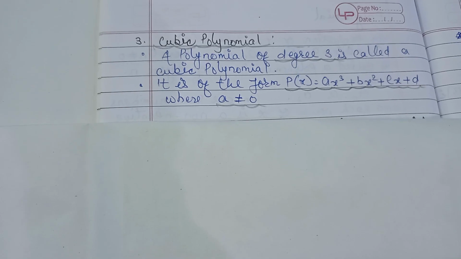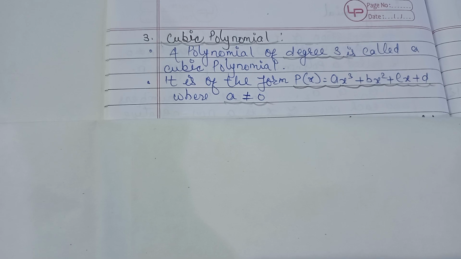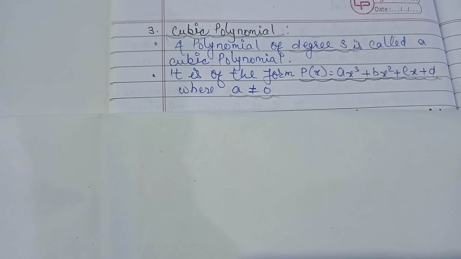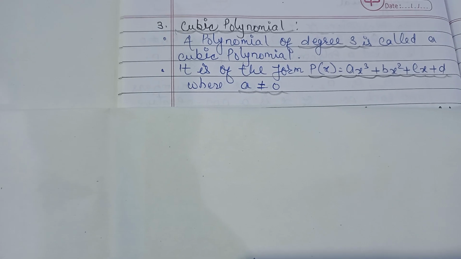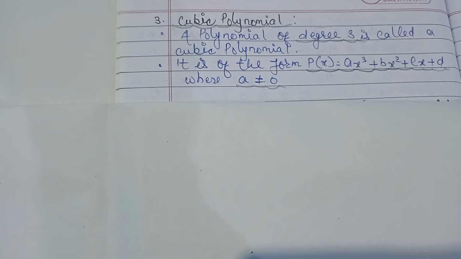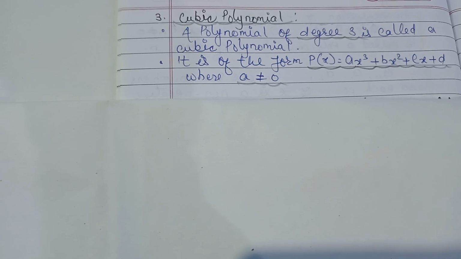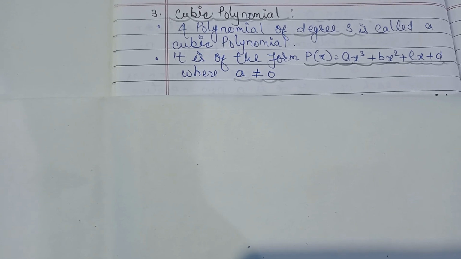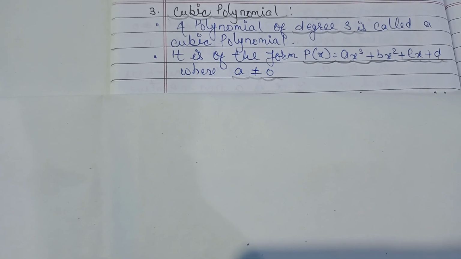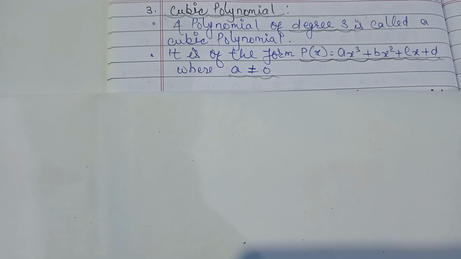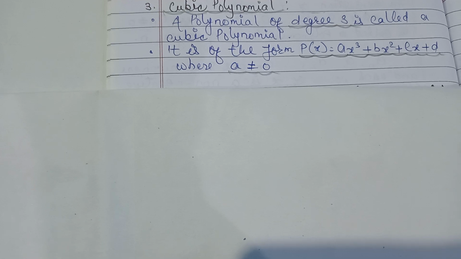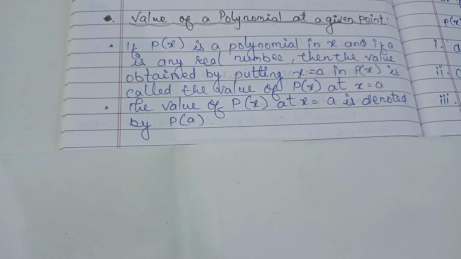The next type is the cubic polynomial. A polynomial of degree 3 is called a cubic polynomial. It is of the form p(x) = ax³ + bx² + cx + d, where a is not equal to 0.